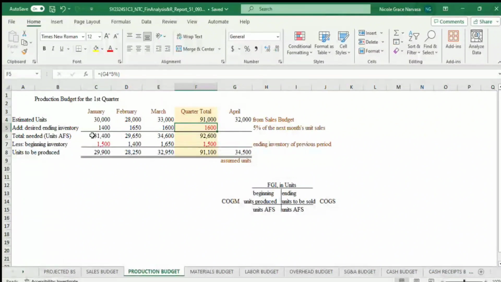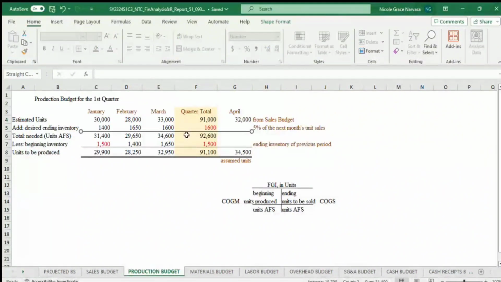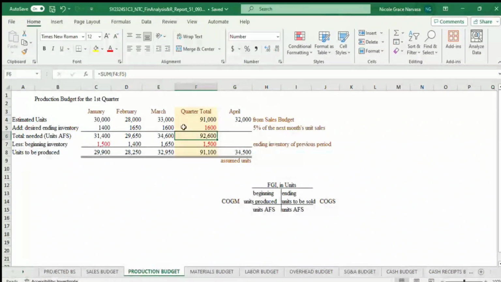So the total needed units for January is 31,400, since we add 30,000 and 1,400, and for the quarter total it is 92,600, adding 91,000 and 1,600.